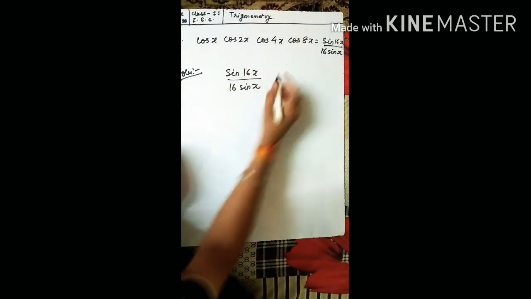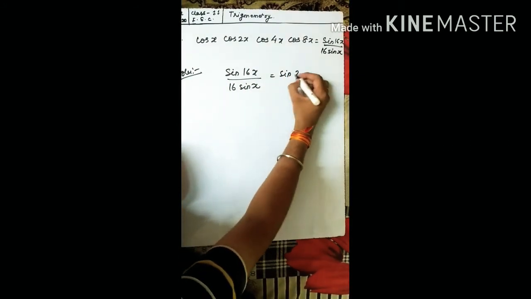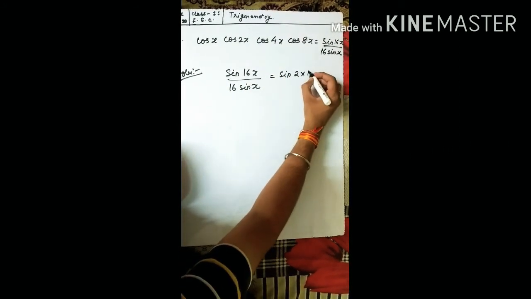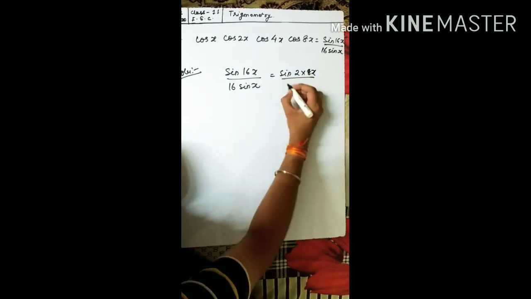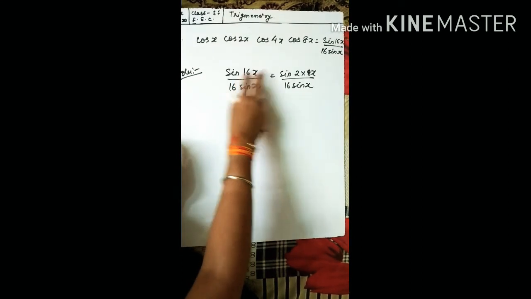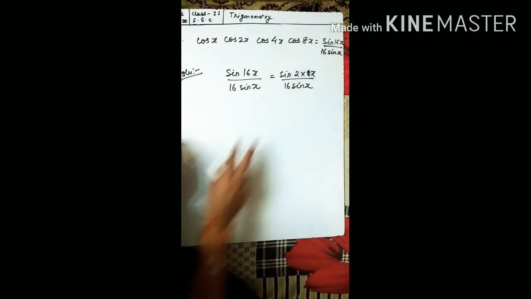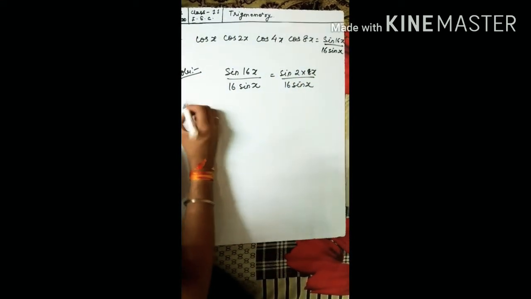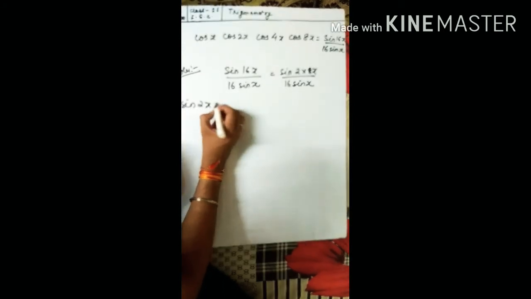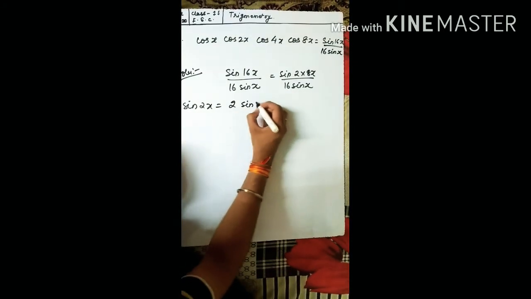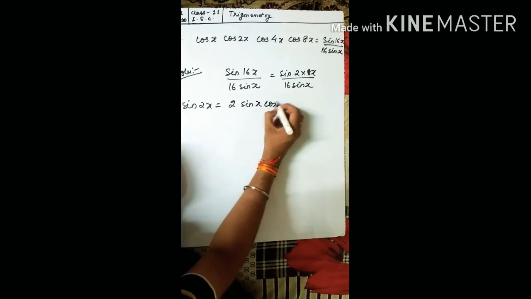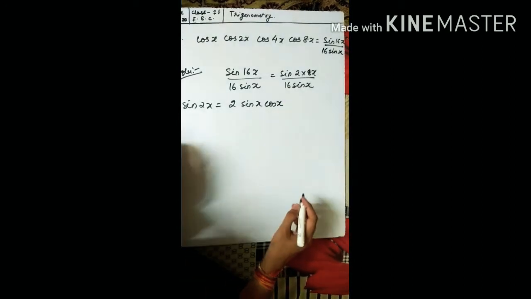Can we write sin 16x as sin of 2 into 8x, upon 16 sin x? I've written 16 as 2 into 8. Now the identity which we know for sin 2x is 2 sin x cos x.